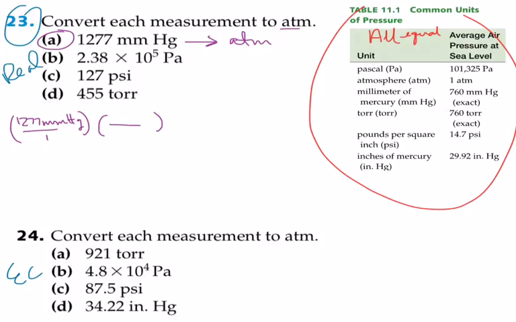From the table, we can see that 1 atmosphere is exactly equal to 760 millimeters of mercury. So if we want millimeters of mercury to cancel, we'll put 760 millimeters mercury down the bottom, and we'll put 1 atmosphere on the top. Does that make sense? Okay. So you can do those for all of those.